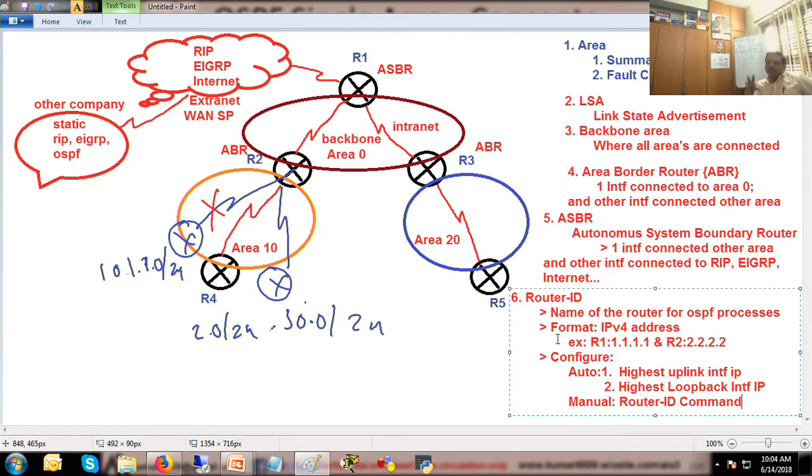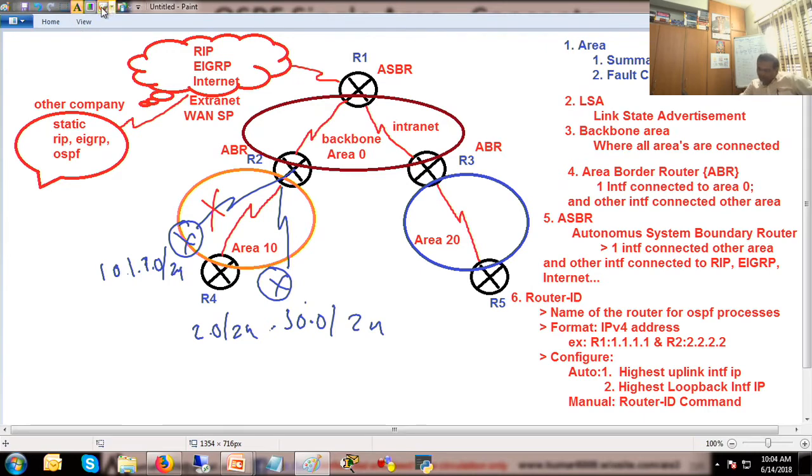For example, you have three interfaces in a router: FA0/0, S0, and loopback interface 0. Do you know what a loopback is? It's a virtual interface for self-testing purposes.